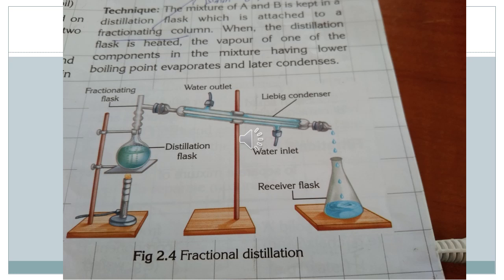Already we know when we heat water, vapor comes out, and after that it gets condensed. So when the flask is heated, the vapor of the component having lower boiling point evaporates, and later condenses.